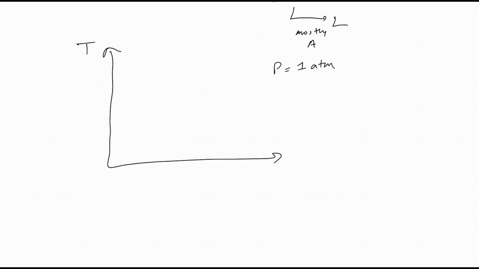So what a TXY diagram looks like is for a given pressure, say 1 atm, we plot temperature on the y-axis and the liquid fraction of one of the species, so XA. So obviously liquid fraction goes from 0 all the way to 1.